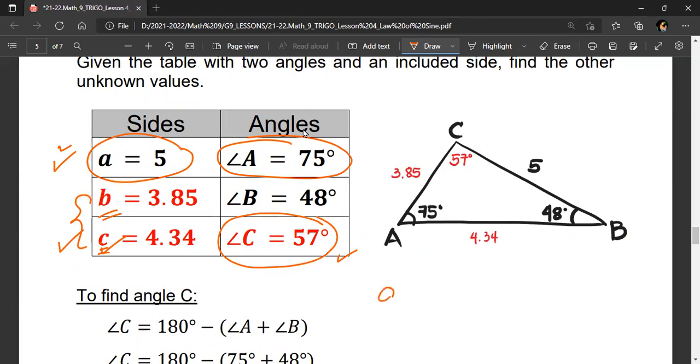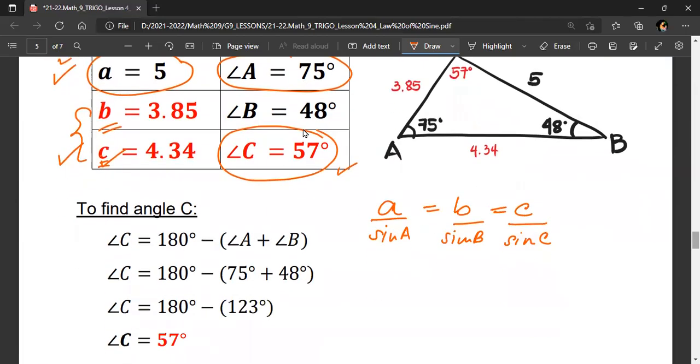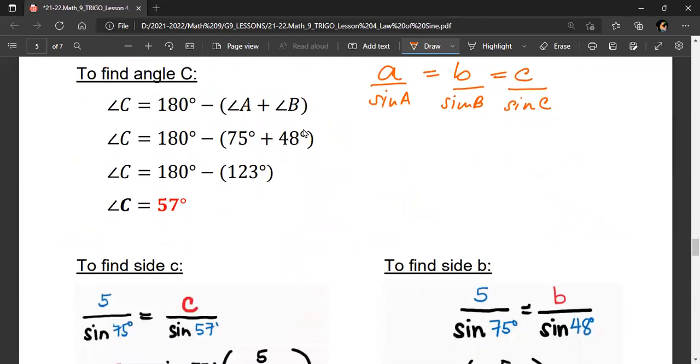As I said a while ago, A is equal to B is equal to C. So therefore, ganun din siya sa sine law. Sine A, sine B, and sine C. Whichever you choose, as long as the given values are included, there's no need to choose between the two.